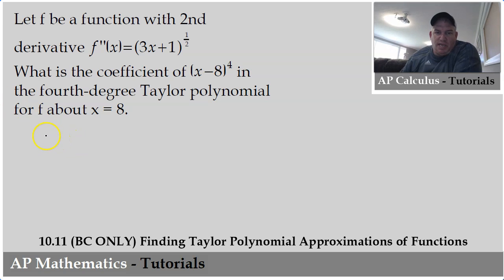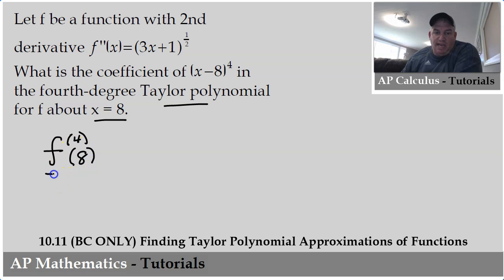So what we basically need to think about, the Taylor polynomial at x equals 8. What do the coefficients look like? Well, in this case, we want the fourth degree. So we're going to look at the fourth derivative of our function, evaluated at 8.